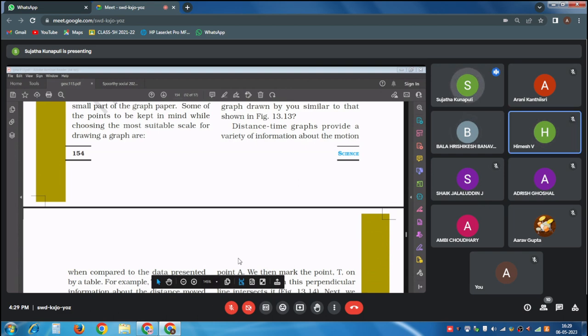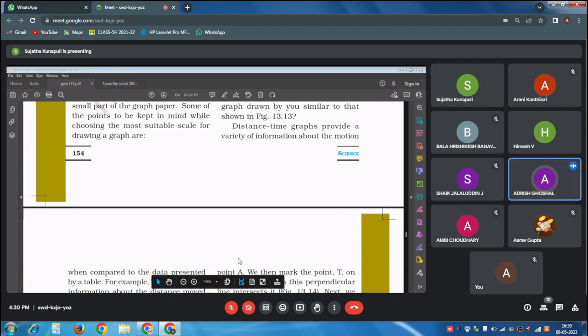Once check in your book, Vedesh, you have the distance-time graph, because last year also teachers did not teach this distance-time graph. Okay, ma'am, I will check. What's the chapter number? Ma'am, motion and time, ninth chapter or tenth chapter?